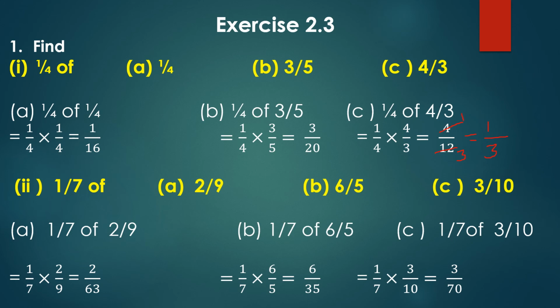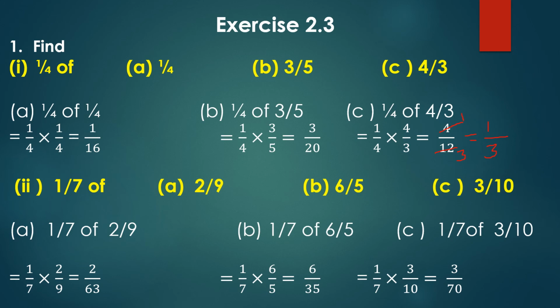And the second question: 1 by 7 of 2 by 9, 1 by 7 of 6 by 5 and 1 by 7 of 3 by 10. This is also to be done in a similar way as above. So 1 by 7 of 2 by 9 becomes 1 by 7 into 2 by 9, which is equal to 1 into 2, it is 2, and 7 nines are 63.